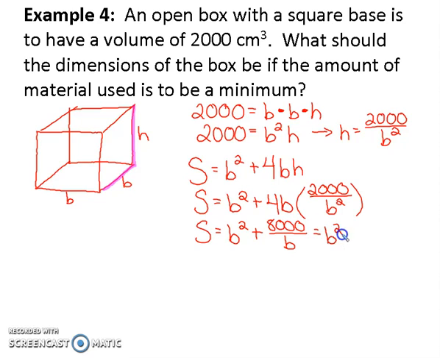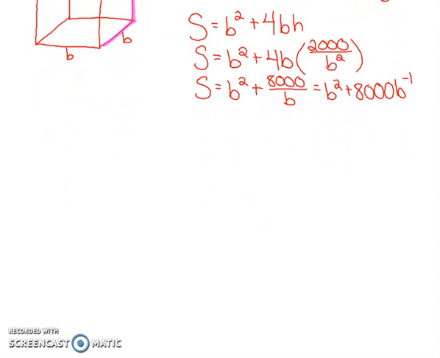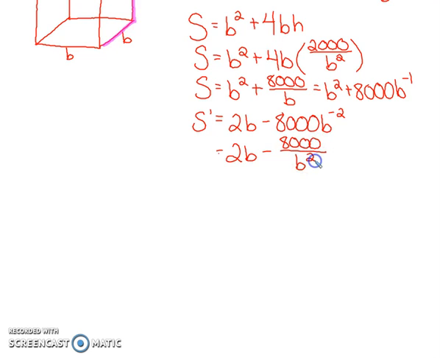Or b squared plus 8,000 b to the negative 1. That is now what I'm going to take the derivative of. So S prime is 2b, and then if I use power rule on this part, I've got negative 8,000 b to the negative 2, or 2b minus 8,000 over b squared.